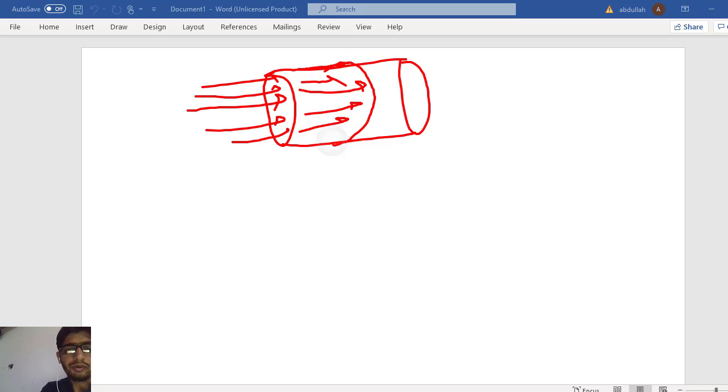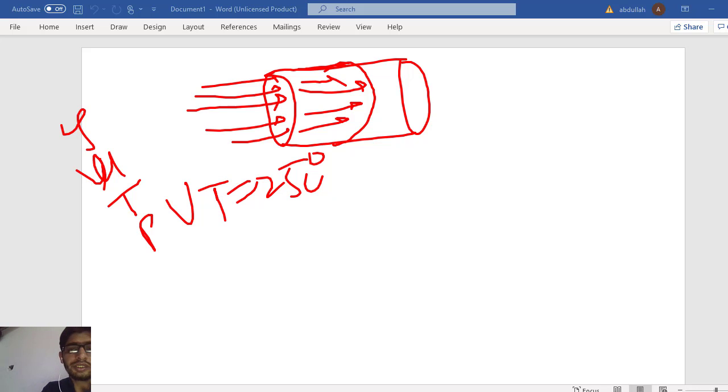The density of water, the viscosity of water, the temperature, the pressure, and the velocity of water are all at 25 degrees C. Suppose this is the outlet of the pipe. Now on the basis of velocity, viscosity, density, and diameter of the pipe, we can determine whether the flow inside the pipe is laminar, transition, or turbulent.